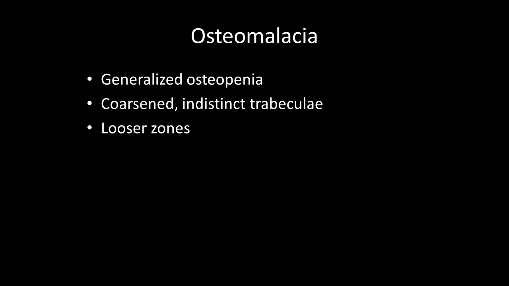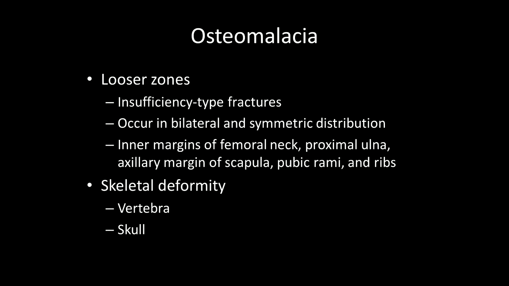Occasionally you also see Looser zones, which are essentially insufficiency type fractures through osteomalacic bone, which are typically bilateral and symmetric and typically involve either the femoral neck, the proximal ulna, the axillary margin of the scapula, the pubic rami, or ribs.